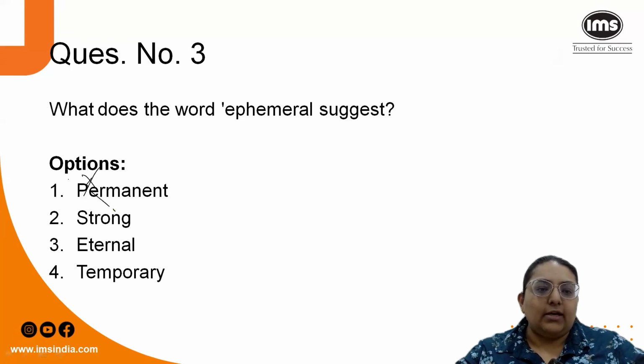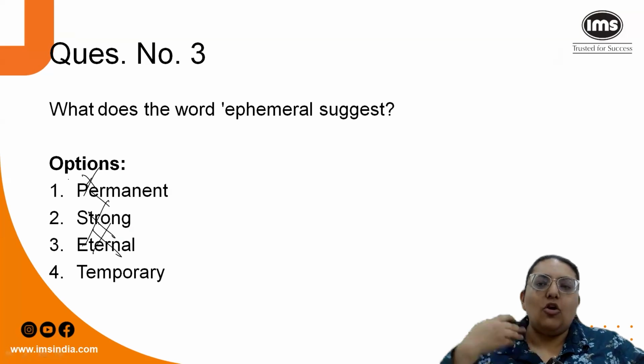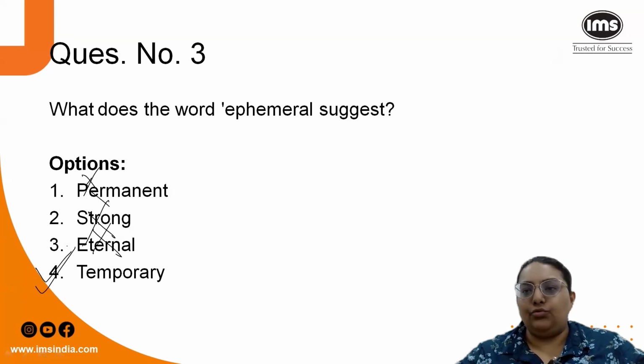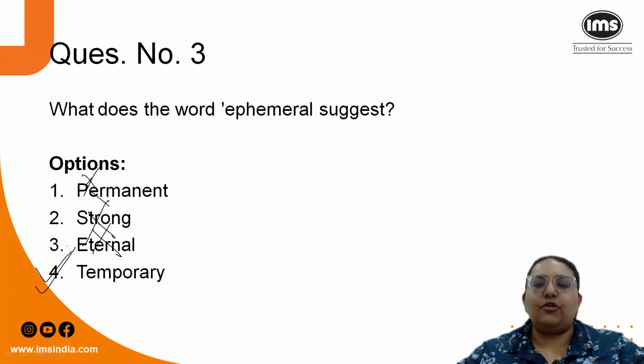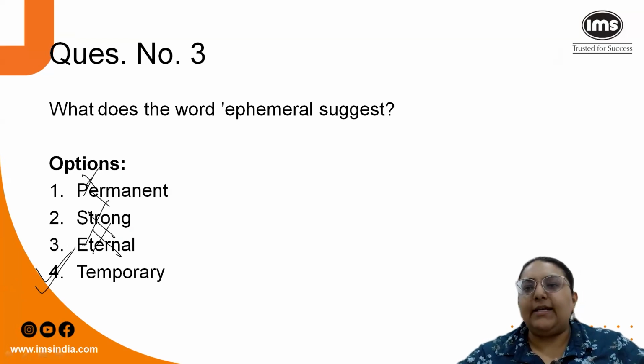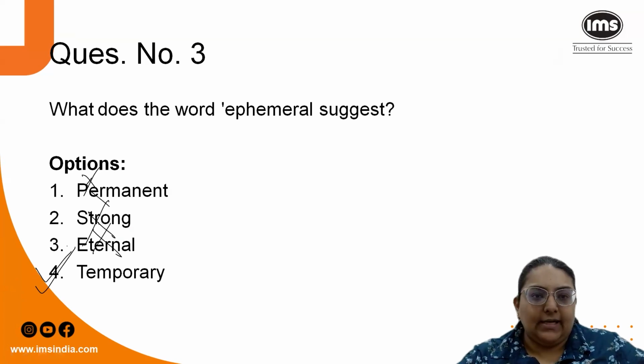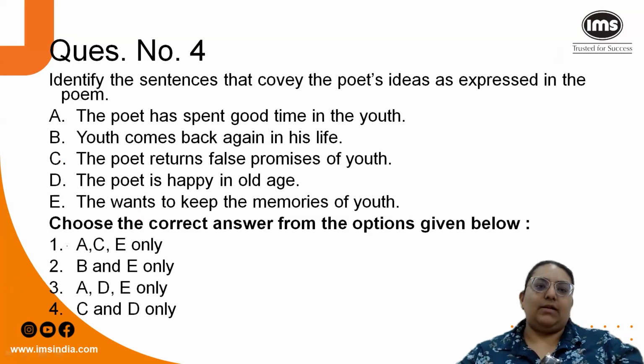Permanent, strong, eternal are the opposite of ephemeral, something which is there for a long time. Ephemeral would mean the poet is addressing the temporary nature of youth, that youth is not there for a long time. So ephemeral here suggests temporary. Yes. Moving to the next one.